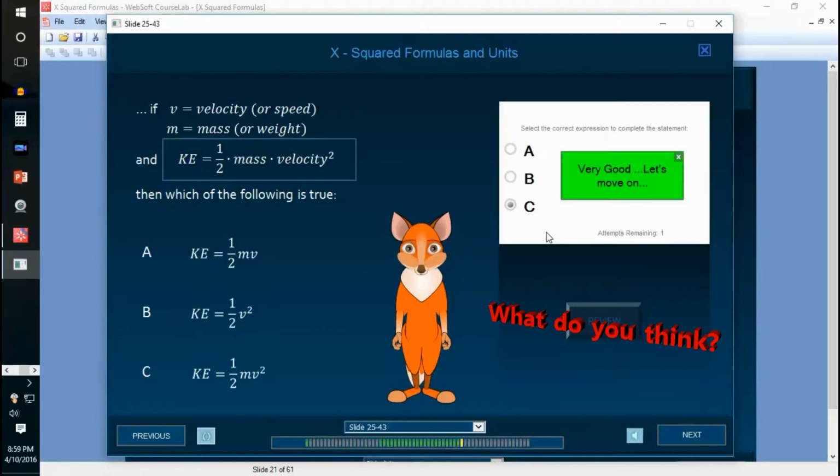Very nice. Answer choice C is correct. Kinetic energy is equal to 1/2 mv squared.